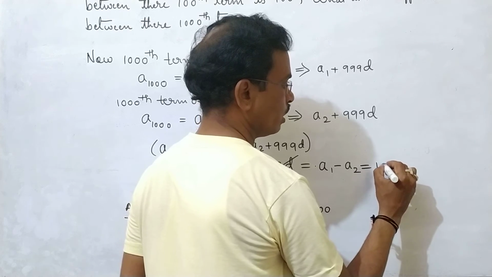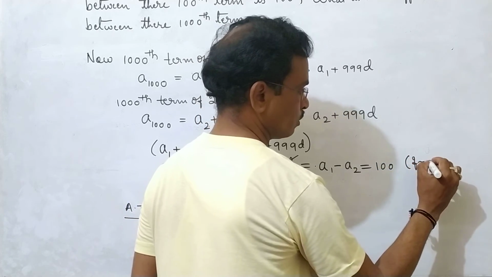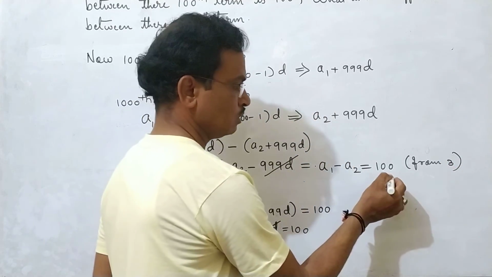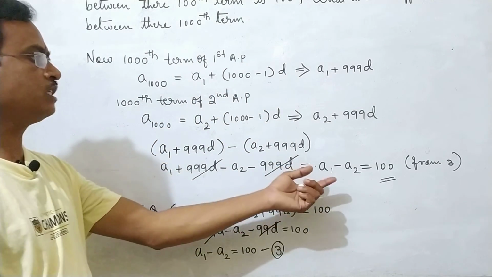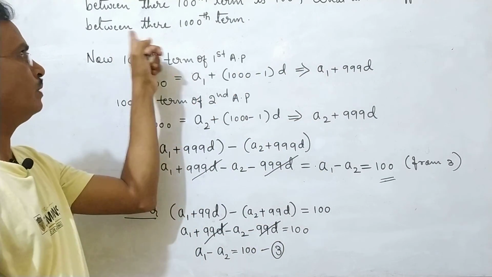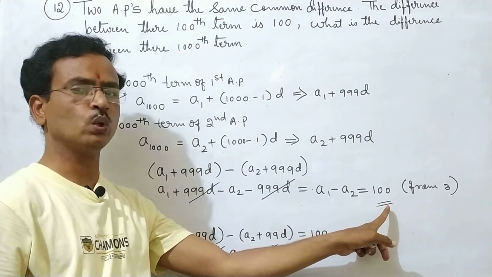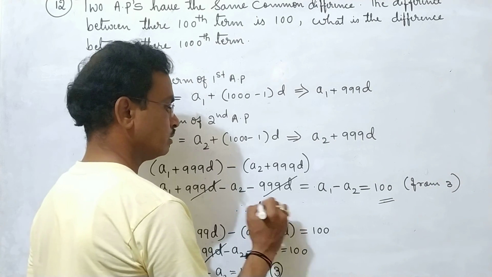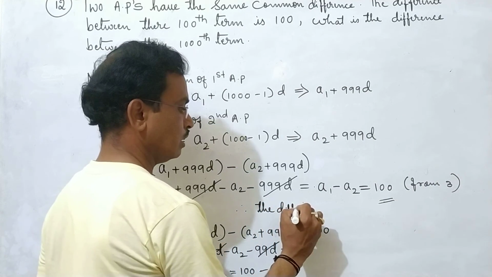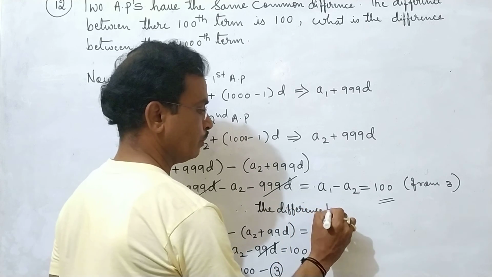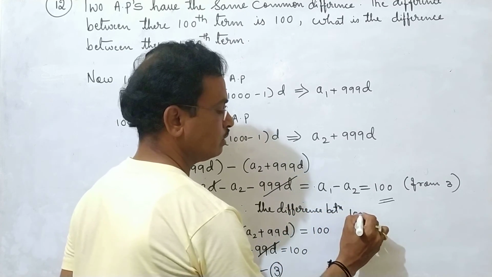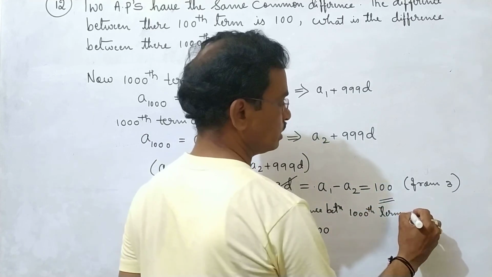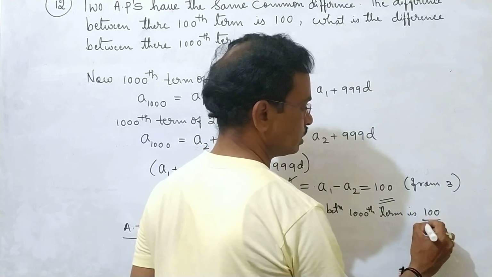That means the difference between their thousandth terms is also 100. So this is the solution.